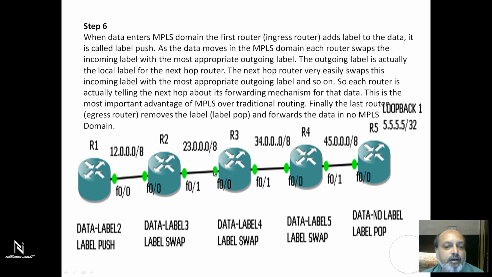Once again, I repeat, suppose this particular interface is 23.0.0.3 and R3 has the router ID 3.3.3.3. Now in that case, R2 will be considering the TDP neighbor as 3.3.3.3 and not 23.0.0.3, right?